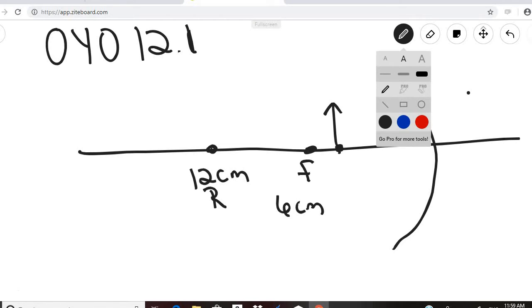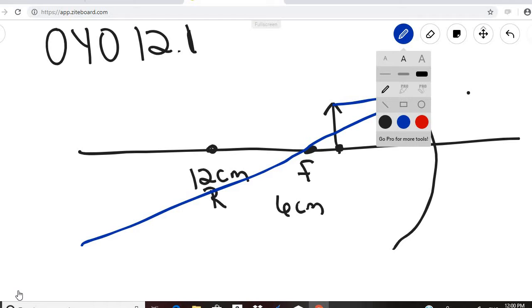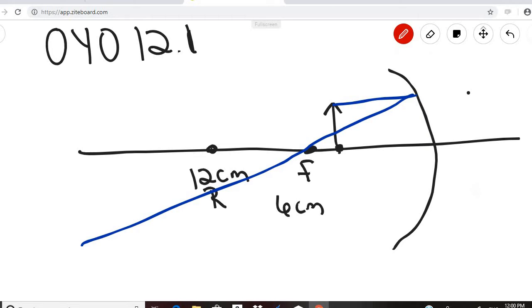Okay, so now we look at our beams of light. We'll start with the first one, in which any beam of light that goes in horizontally and hits that mirror is going to reflect back out through the focal point. Then we will do the next one in red, and that says that if a beam of light comes through the focal point, it'll be reflected out horizontally.